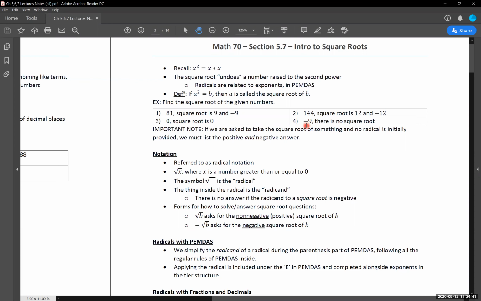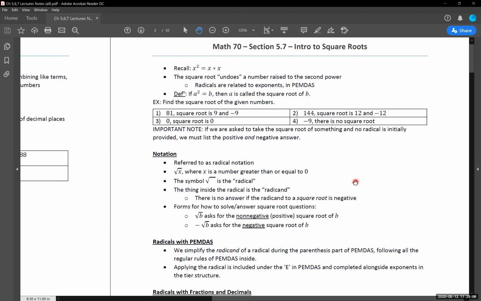And then the square root of -9. This is one where there is no square root of this. There's no answer to this. For anyone that has heard of it or is familiar with the idea behind these, this is where we can get imaginary answers coming in, or imaginary numbers. However, for the purposes of what we are going to be going through for 5.7, we are not going to be utilizing imaginary numbers for this.